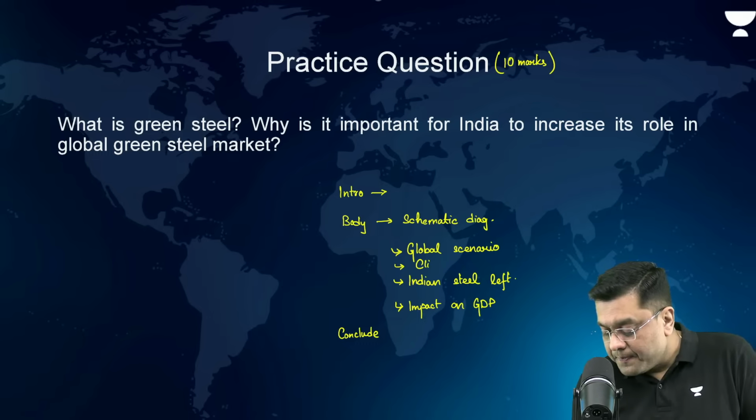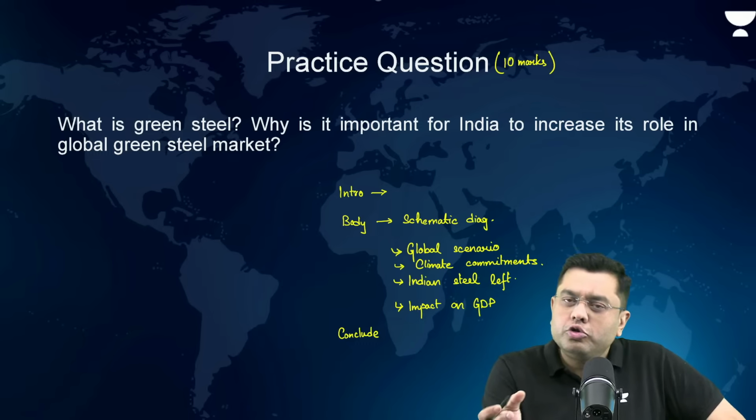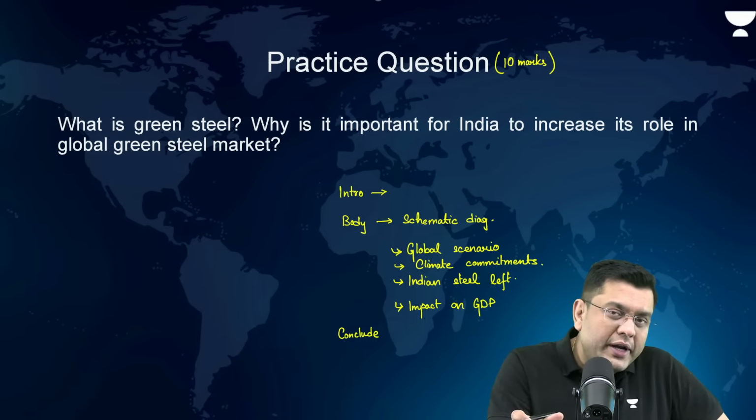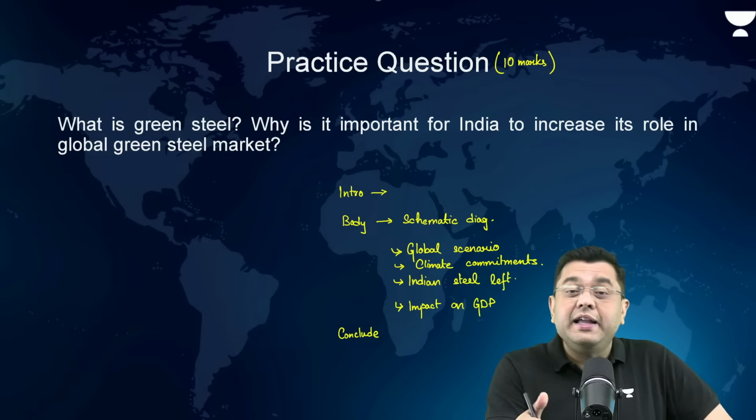So here, basically, this is where you can conclude by saying that transitioning to green steel not only makes our workforce future ready, but also ensures that the economy is much more resilient, and the transition to the low carbon economy and carbon neutral economy gets much smoother. Like that, you can conclude in a direct way.